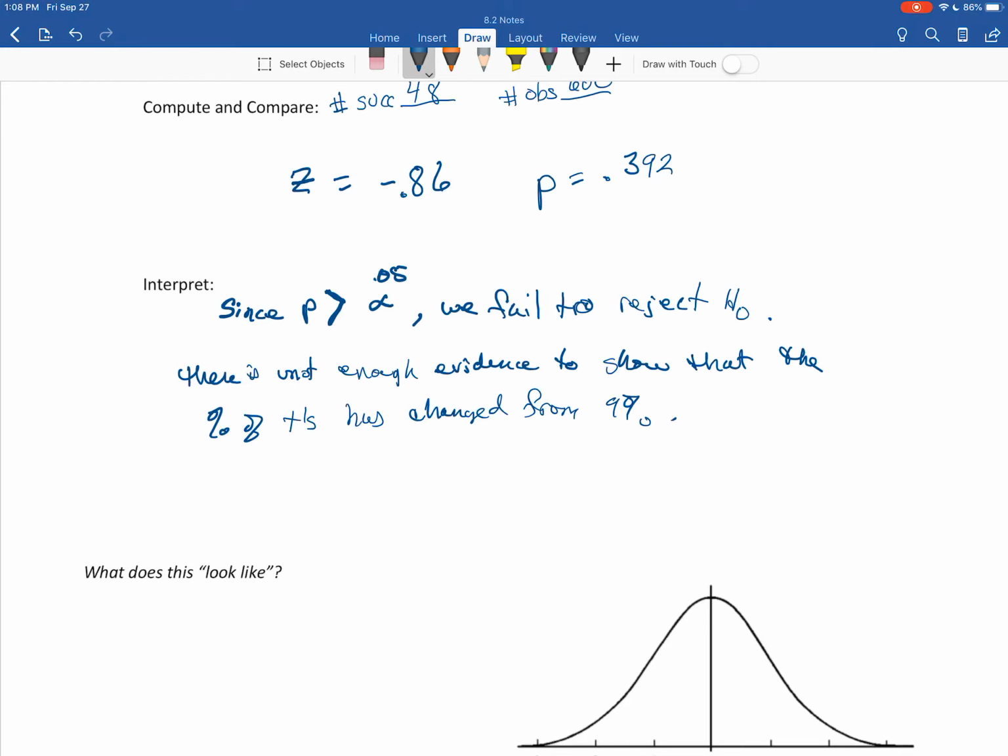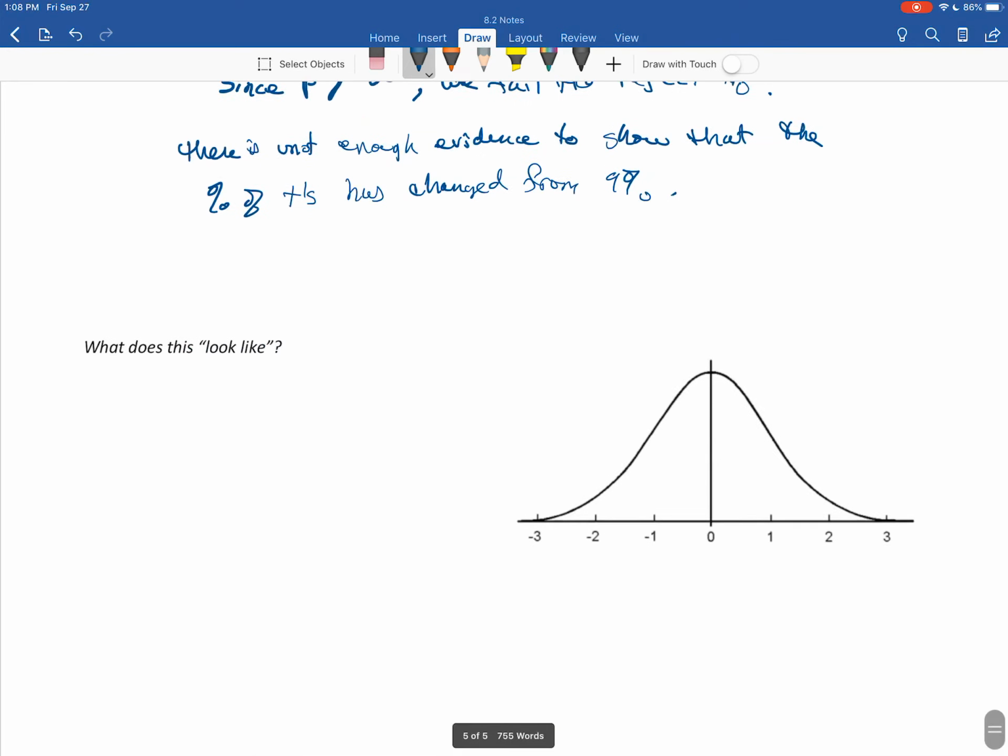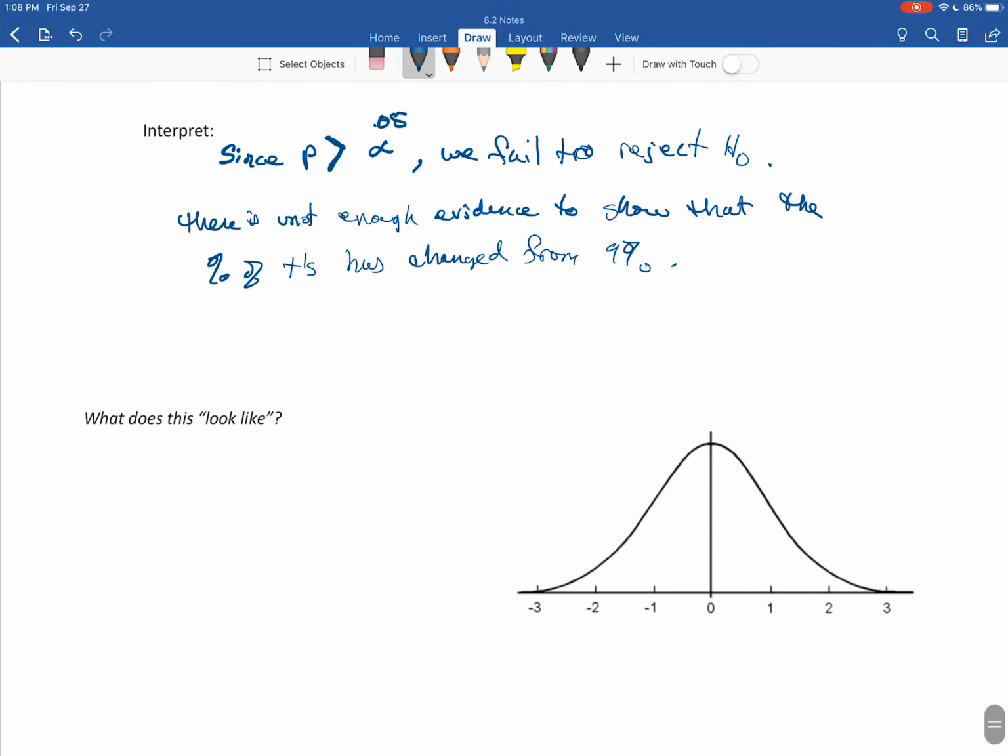So we failed to provide enough evidence of what we were trying to do. So we have to just conclude that it's still 9%. We haven't been able to show otherwise.